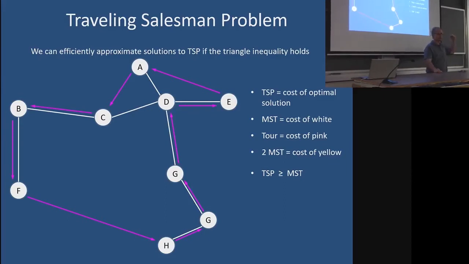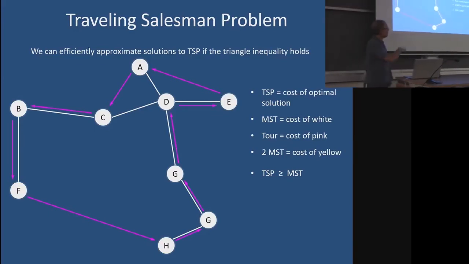I have a spanning tree. Right? If you take any edge out and break the cycle, you still have a set of edges that connect all the vertices together. You've just taken out the one that closes the loop. So if you take that edge away, you have a spanning tree. That spanning tree can't be smaller than the MST.